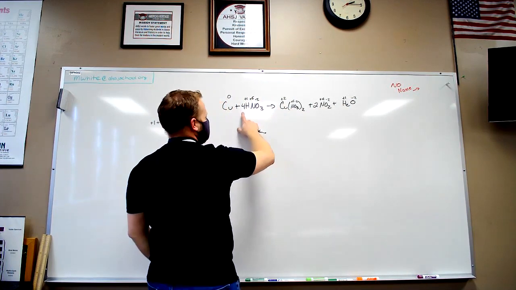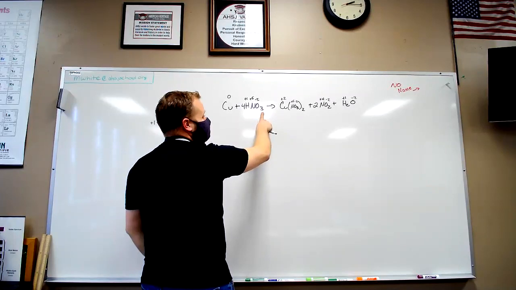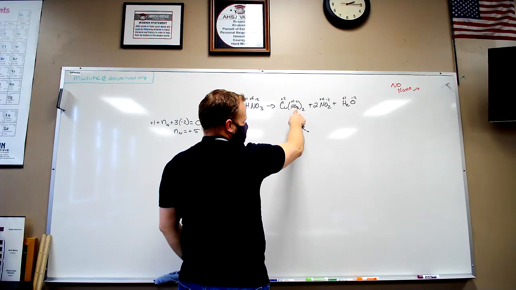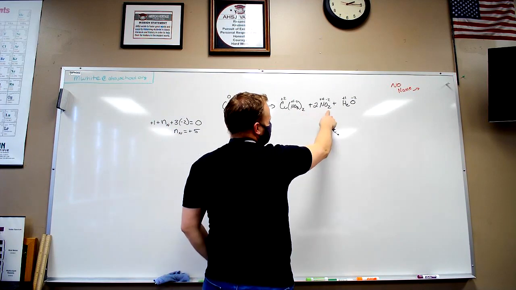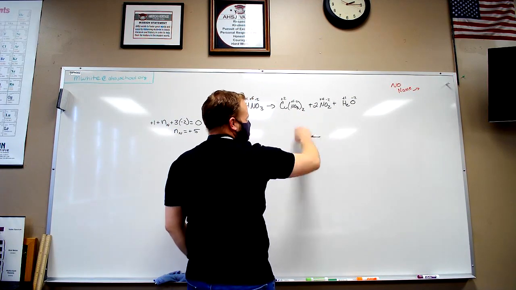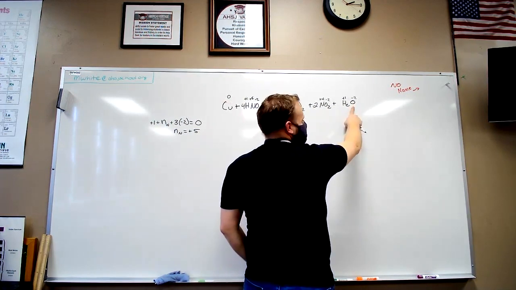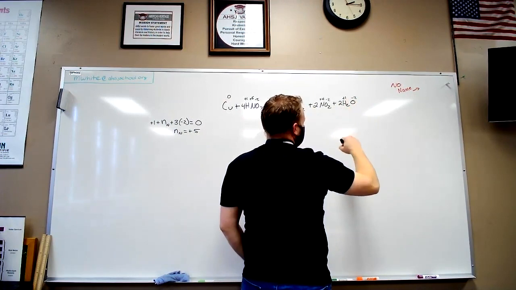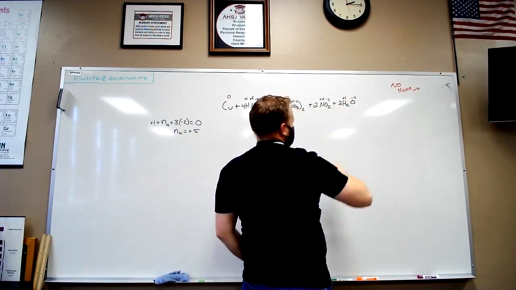Let's look at our oxygens real quick. So 4 times 3 is 12. So here we get 3 times 2, that's 6. Plus 2 times 2, that's 4. So 6 plus 4 is 10. So we need one more oxygen. So we put a 2 there. So now we have 12 oxygen.